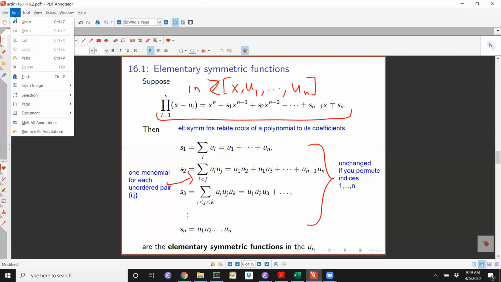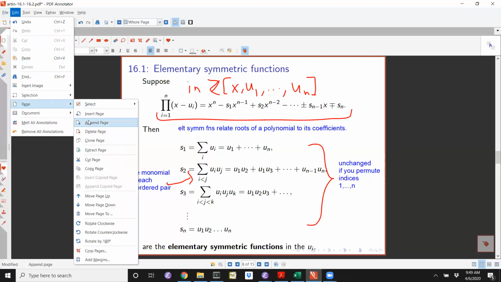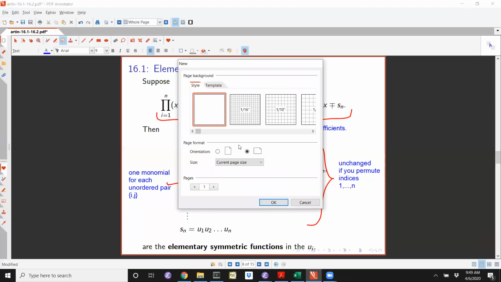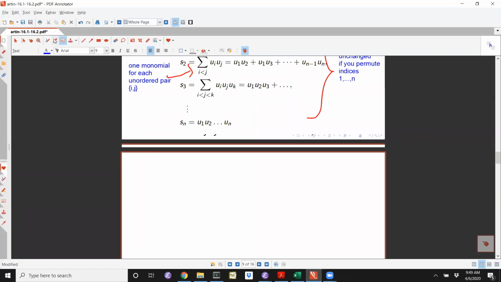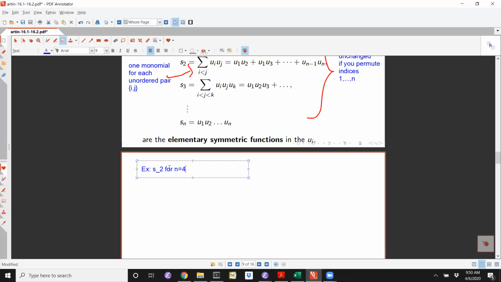Okay, it's been a while, you forget how to do stuff. So let's do an example: S2 for n equals 4. For n equals 4, what does S2 look like?